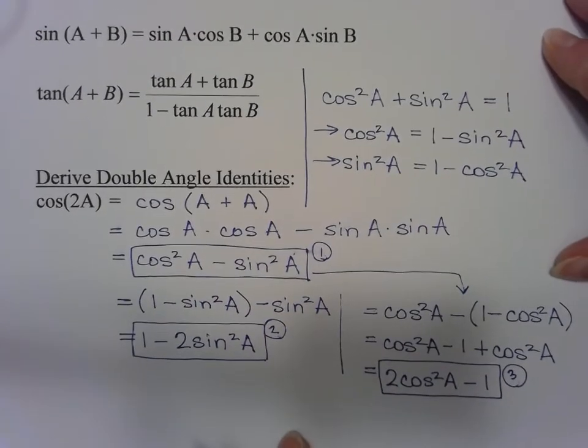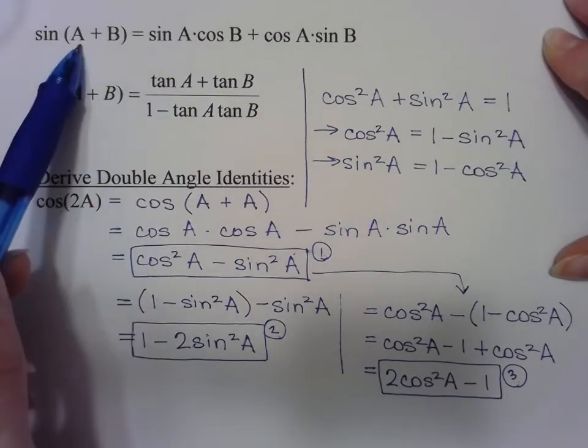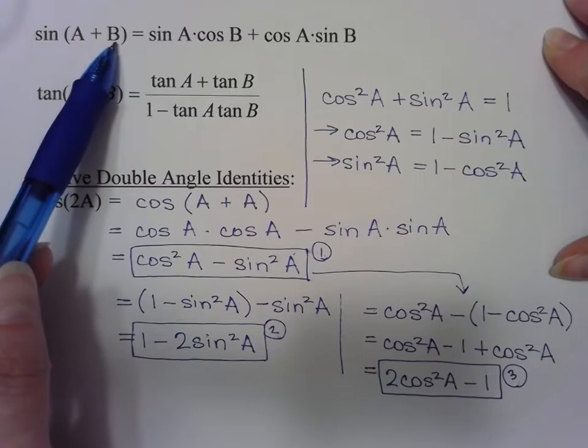Okay, the next one we're going to derive is the double angle formula for sine. So we're going to make use of the sum formula. And just like we did for the cosine, we are going to use A for both of these.